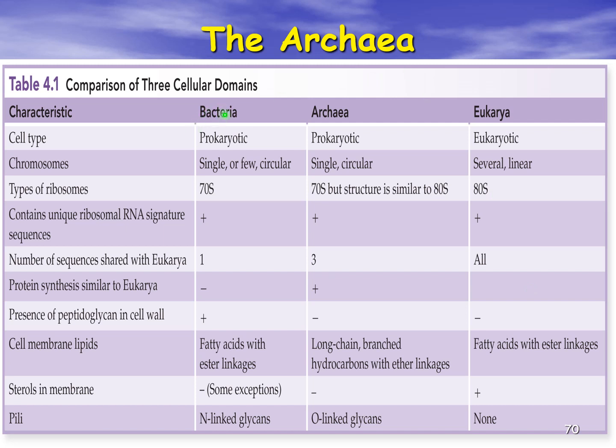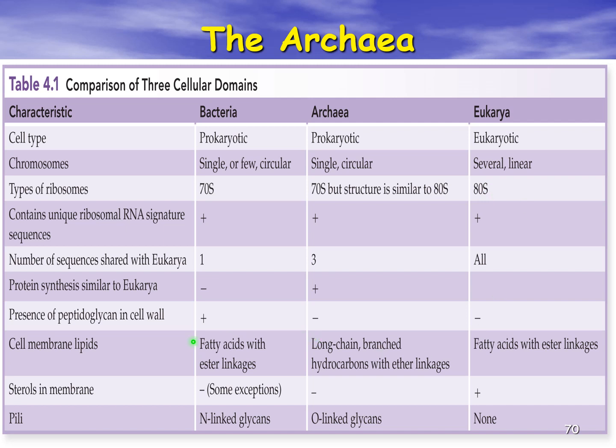So while both bacteria and archaea are prokaryotic, they typically have single circular chromosomes. And even though they both have 70S ribosomes, the archaea 70S ribosomes have some structural similarity to the 80S ribosomes found in the Eukarya.